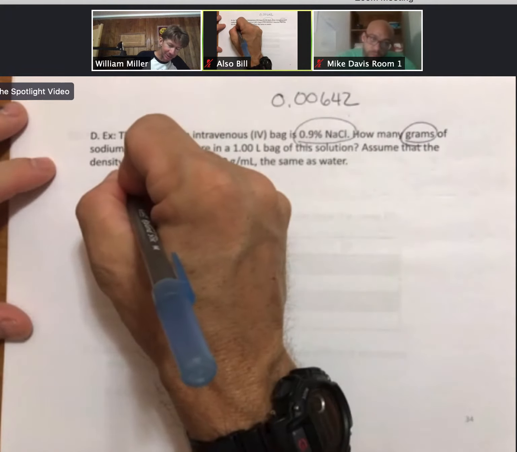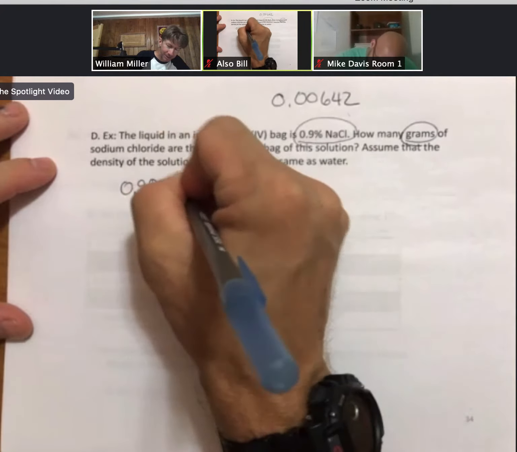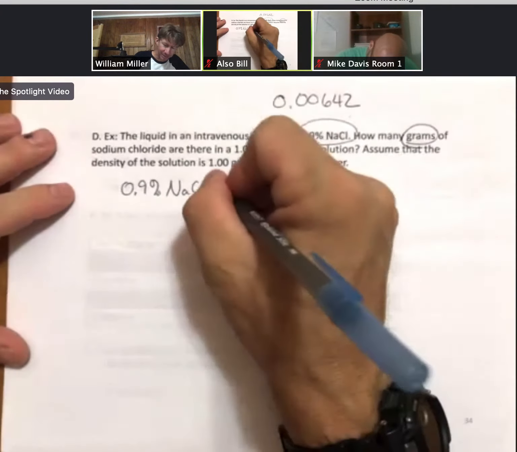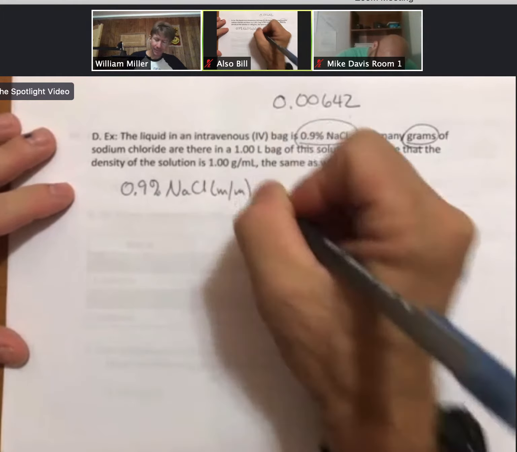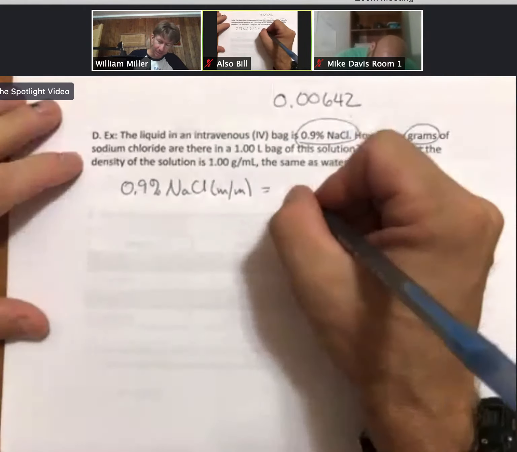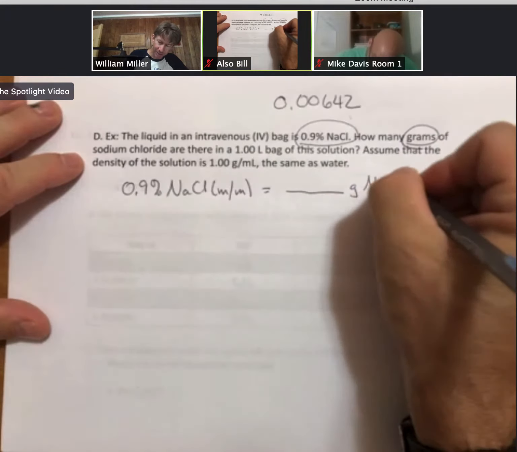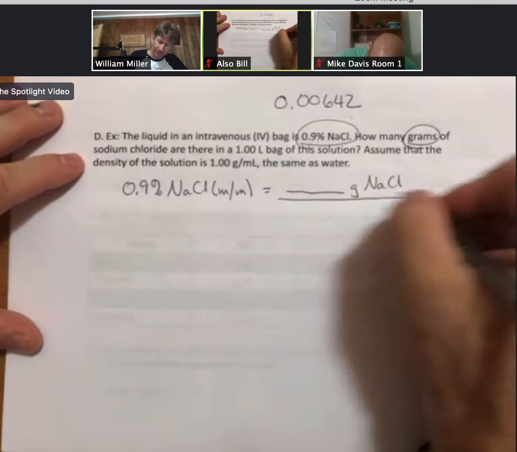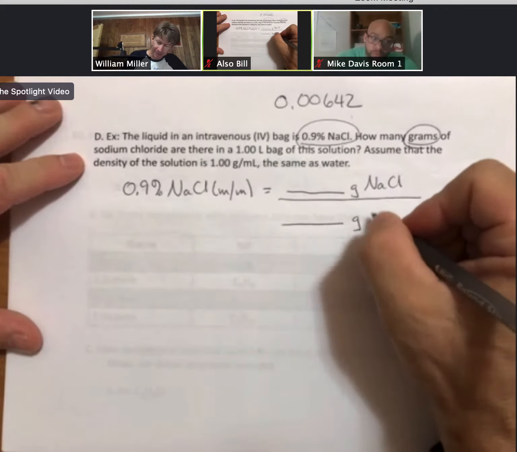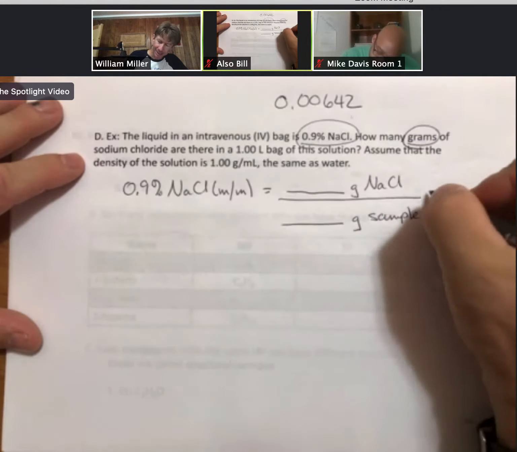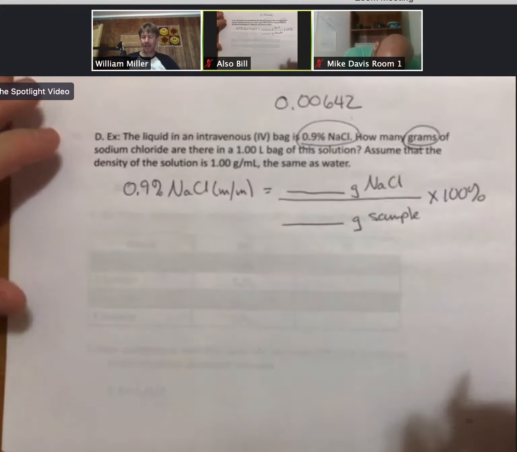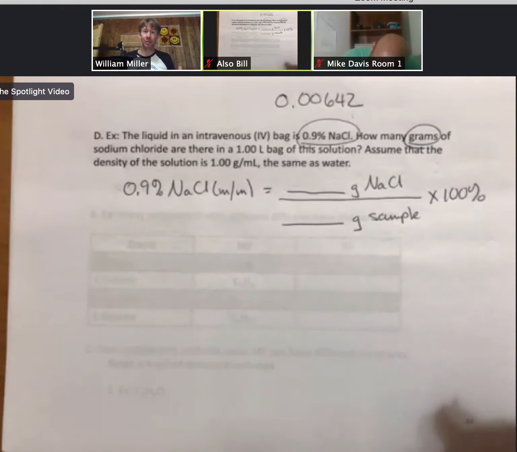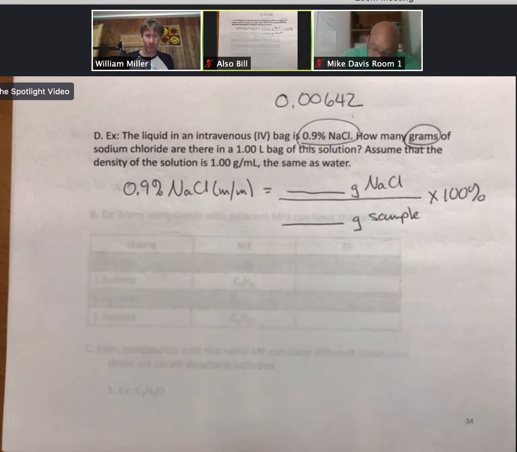It goes like this: 0.9% sodium chloride, mass by mass, equals blank grams of sodium chloride per blank grams of sample times 100%. I may not know what the answers are, and I'm definitely showing my process here, but in chemistry, whenever you don't know how to solve a problem, write something that you do know and see if that helps. That's my rule of thumb anyway.